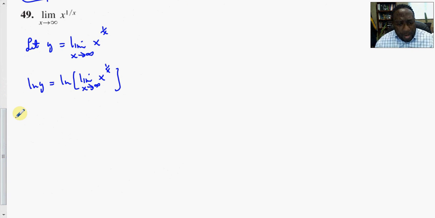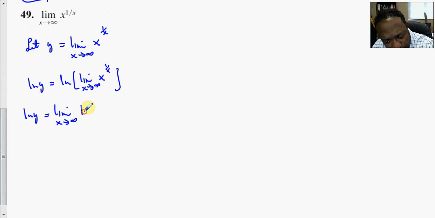Now here, we have continuity, so it is safe to say that the natural log of the limit is tantamount to the limit of the natural log. So we have the natural log of y is equal to the limit as x goes to infinity of the natural log of x to the 1 over x.